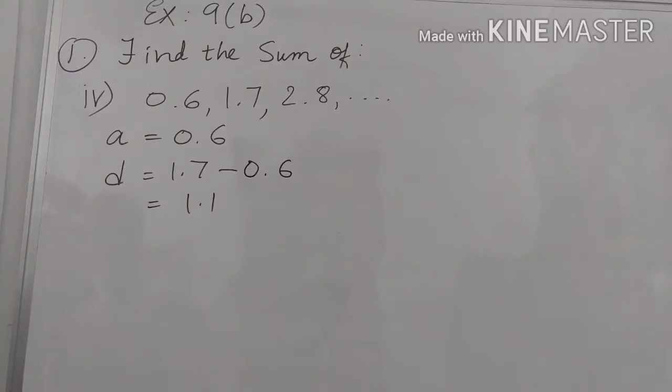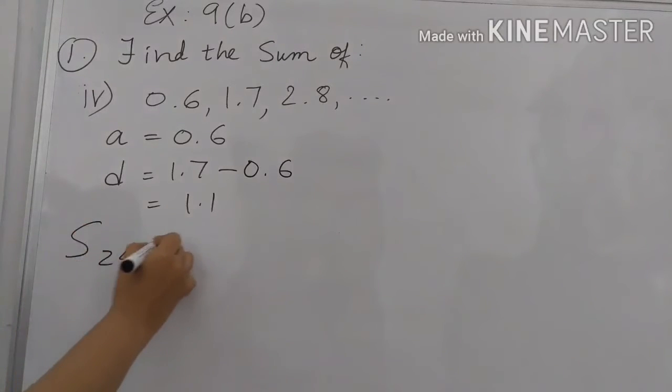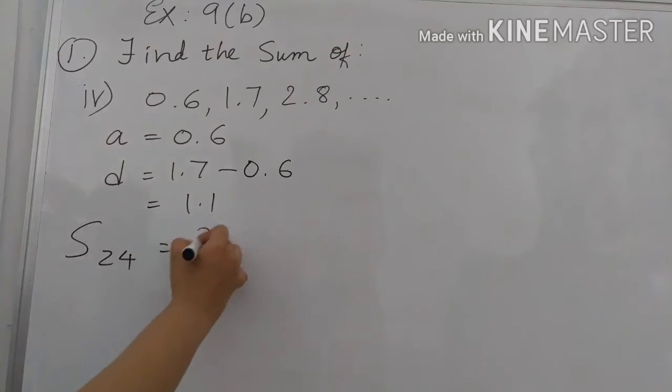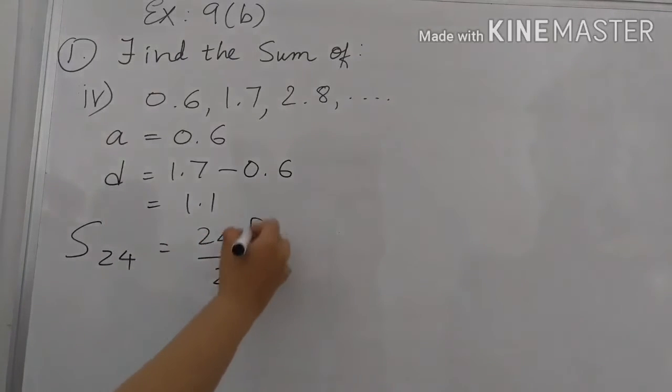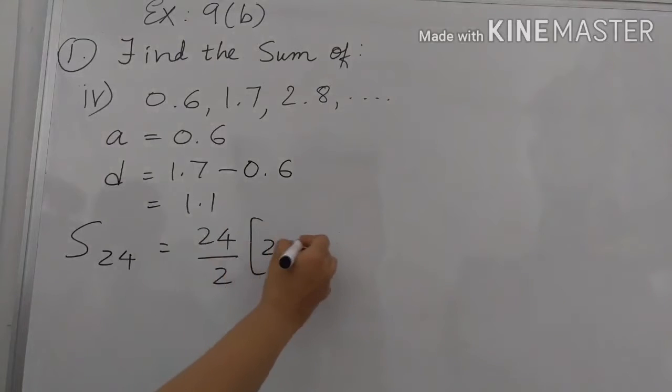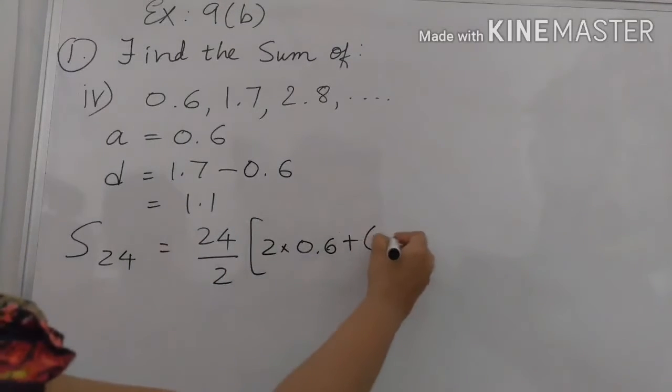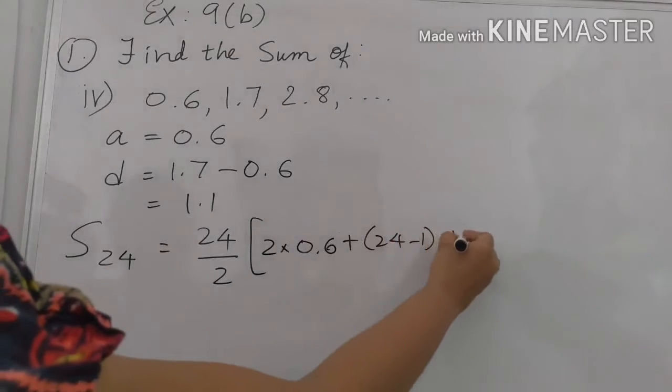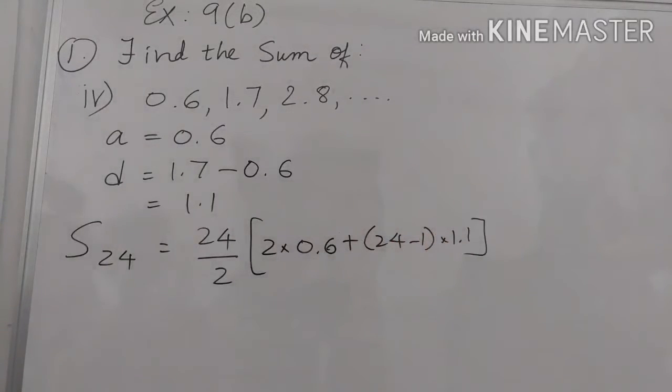Now we want the sum of 24 terms of the AP. So I apply the direct formula of S24: n by 2, 24 by 2, 2a, a means 0.6, plus n minus 1 means 24 minus 1, into d means 1.1. So here I substitute all the values.